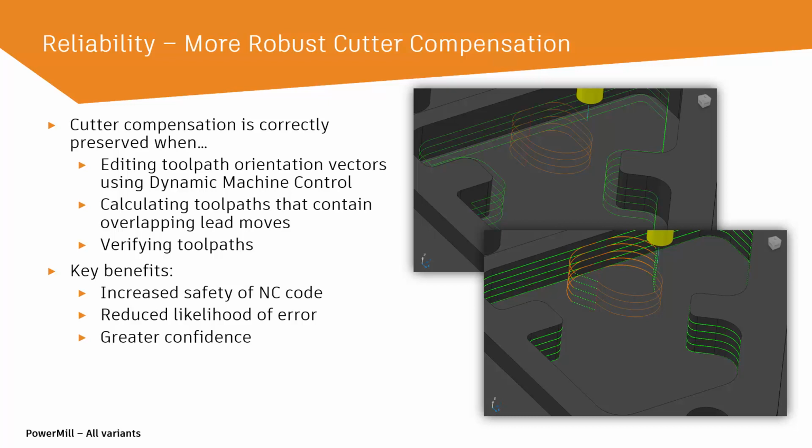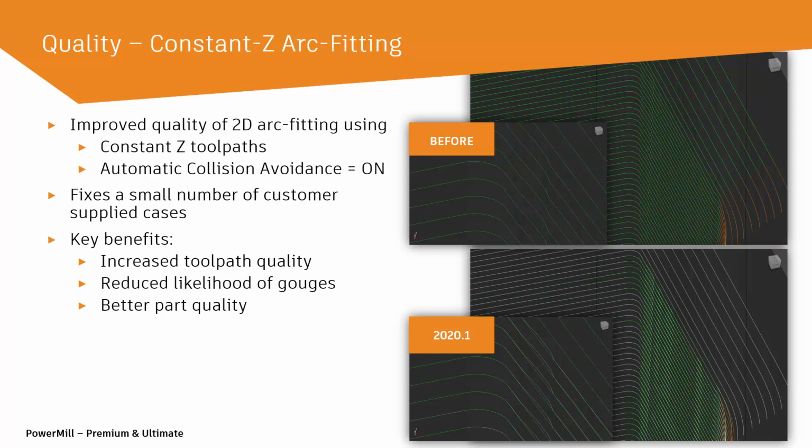You've got a better quality of NC code, reduced likelihood of error, collisions, gouges, parts being damaged, and so on. And it's giving our users greater confidence that they can trust Powermill to generate the code that they need to cut their parts.